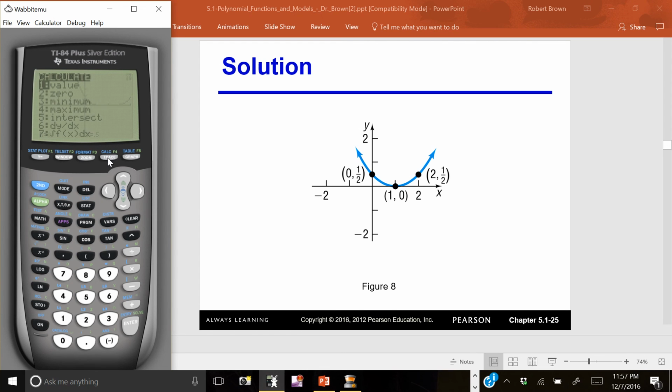Second calc, value, x equal 1, y equals 0. Second calc, value, x equal 2, hit enter, and again y equal 1/2. So this verifies the graph that we have.